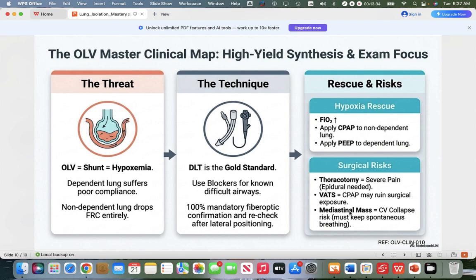And in mediastinal mass, there is a cardiovascular collapse risk, so we must keep spontaneous breathing. So again, remember PEEP in the dependent lung and CPAP in the non-dependent lung. This is where the lecture ends.